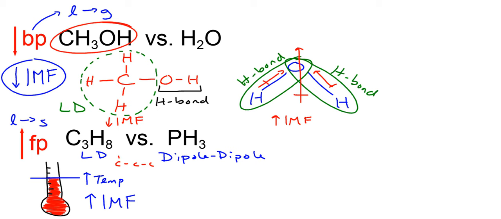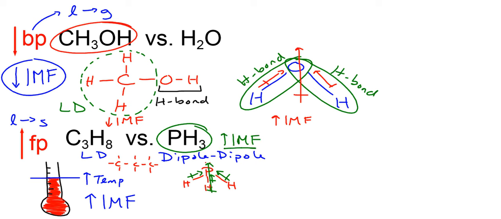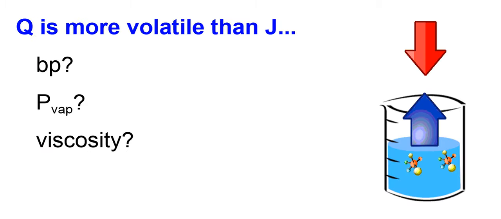The propane, simply put, will be a nonpolar structure, and the PH3, because of the lone pair pushing down the other hydrogen molecules, creates a net dipole moment. So that's polar. So that has the stronger IMF. So that's why that one would have the higher freezing point.